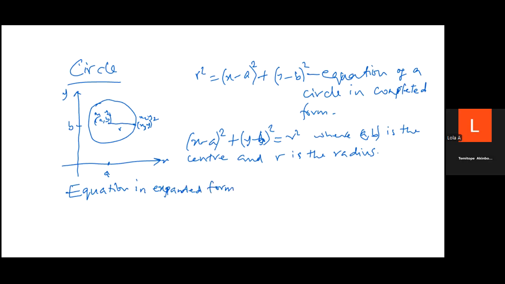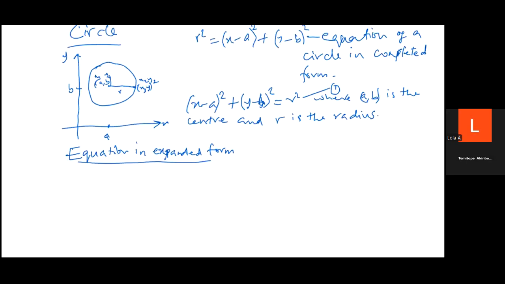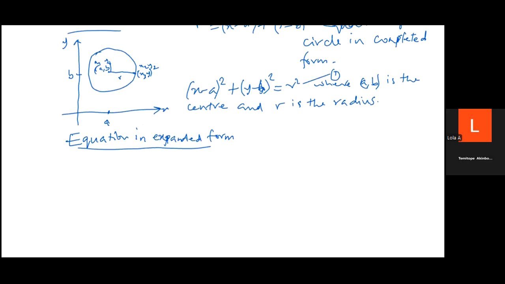Let me tag this one equation 1. Now, if I expand equation 1, so we have x minus a squared plus y minus b squared equals r squared. So let's expand this. Hope you are through writing this. Almost, sir.